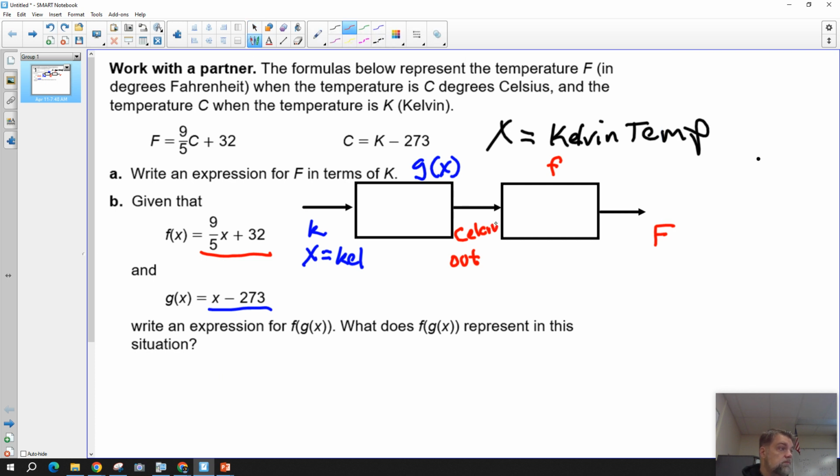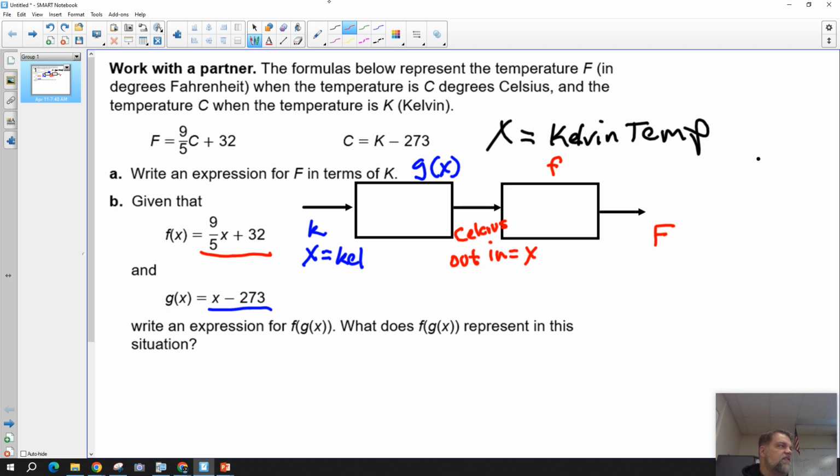But then it's the input for f? Well, the input is x as well. So this is an output for g, but it's also an input for f. So it's still an x value, right? Because this is x.